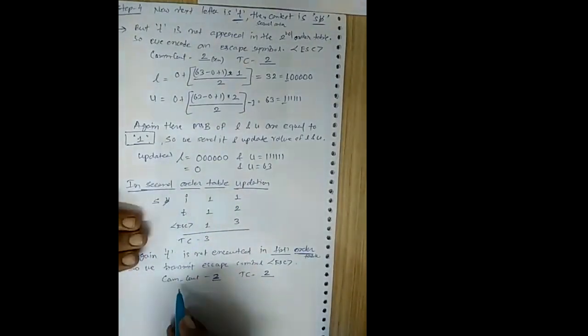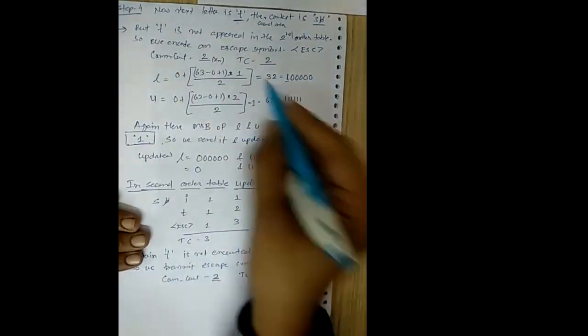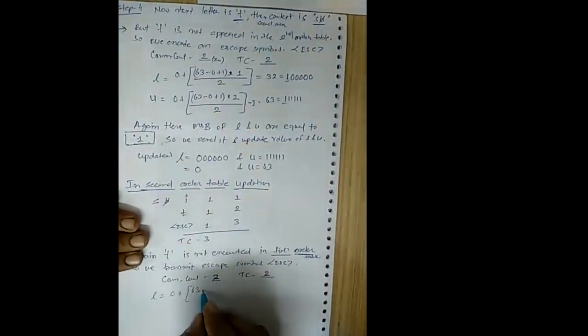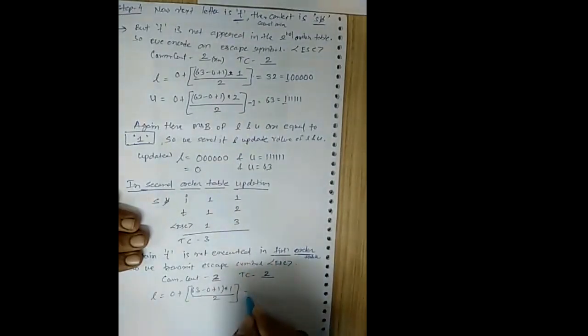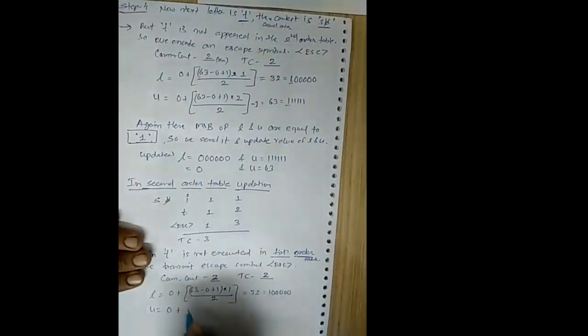Okay, so hence what we can try to do over here, we need to update the L and U जैसा हमने यहाँ previous step में किया था. So L will become 0 plus 63 minus 0 plus 1 multiply 1 divided by 2, that will become 32. 0 plus again 63 minus 0 plus 1 multiply by 2, divided by 2 minus 1.